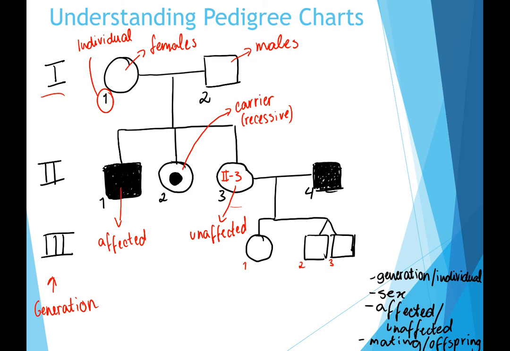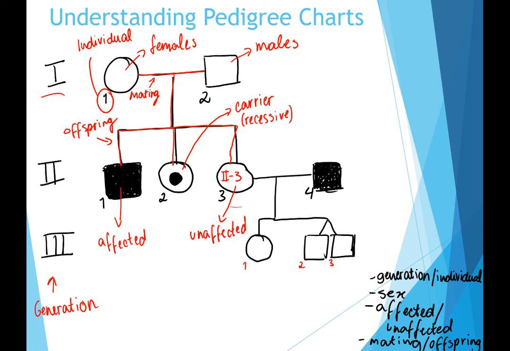And then also we can look at the mating of people and their potential offspring. So a line between 2 people like this means that they are mating. And then if that line has a down line like this and then it goes across, right, this means that these 3 individuals are their offspring.